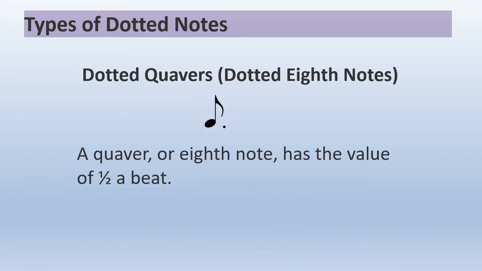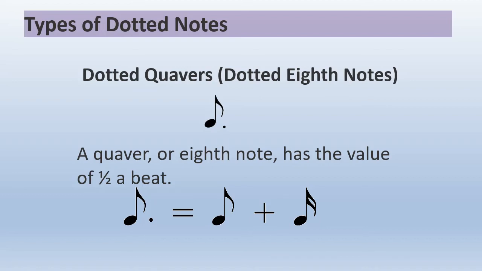If we want to write it out, a dotted quaver will be expressed as a quaver plus a semiquaver. The semiquaver is half of a quaver, so if we add both together, that gives us a dotted quaver, because that semiquaver is the same as a dot, since the dot is half of the note it is placed by.